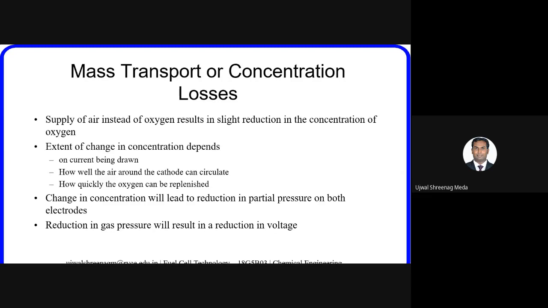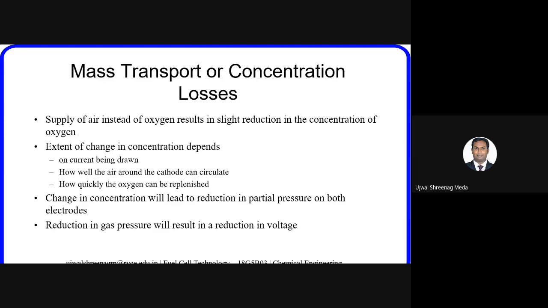So supply of air instead of oxygen results in a slight reduction in the concentration of oxygen. The extent of change in concentration depends on the current being drawn. That means when the current that is being drawn out of the fuel cell increases, proportionally the consumption of hydrogen and oxygen will also increase.